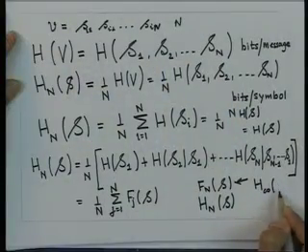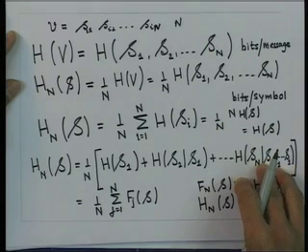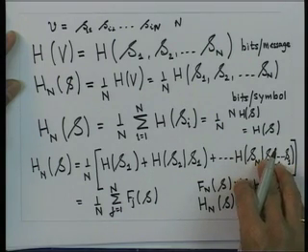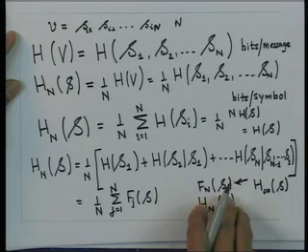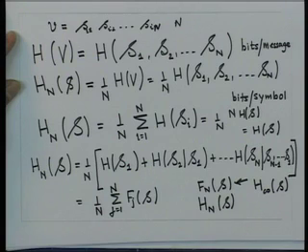The limiting value of Fn(S), we have seen, was H infinity of S, and this was the entropy of a Markov source, so that is what we have defined. Now, we can also show that the limiting value of H_N(S) as N tends to infinity also turns out to be H infinity of S. We will try to prove this in the next lecture.